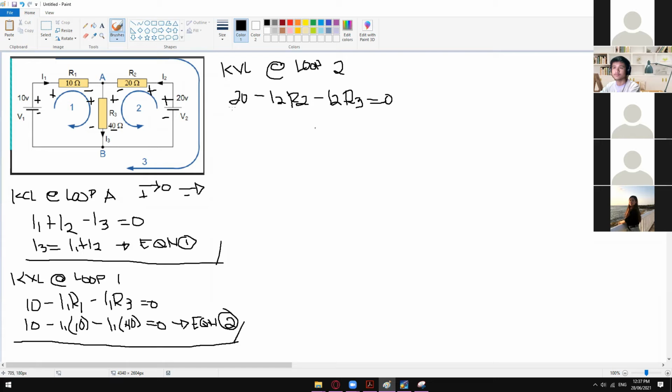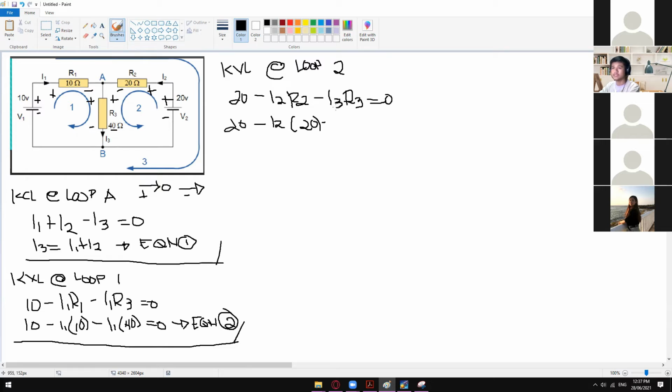After that, you can now substitute the given values of your R2 and R3. So 20 minus I2 times 20 minus I2. Oops, my bad. This is not I2. This is I3, because we have the I3 right here. But for this one, I1 and then I3. And then this one, I2 and I3.